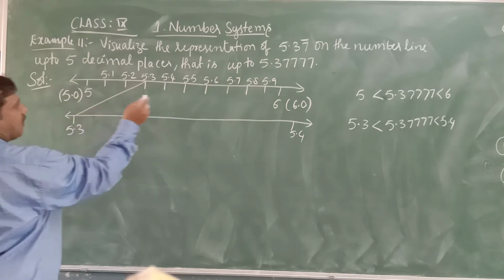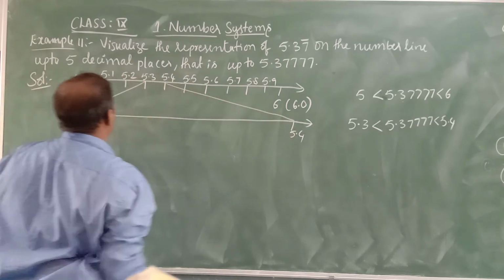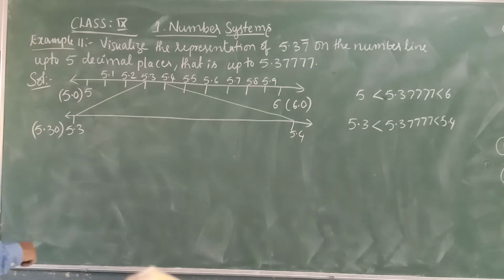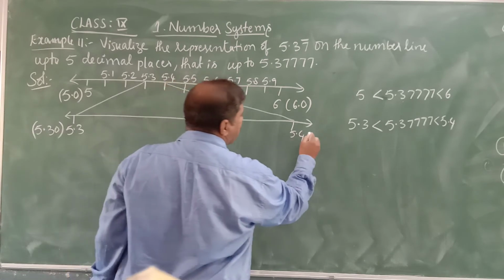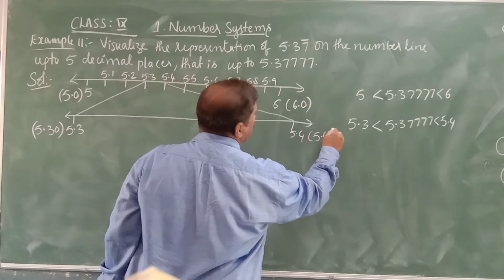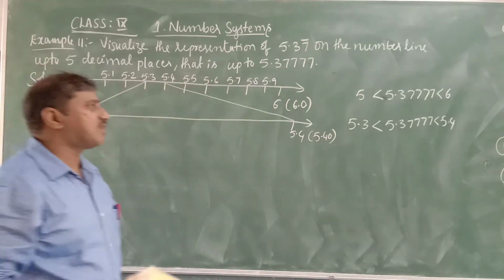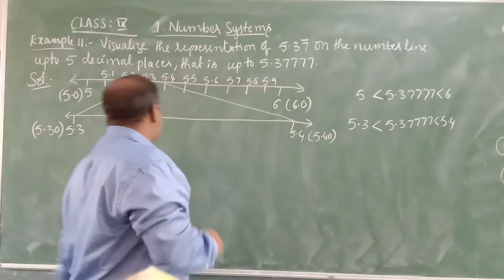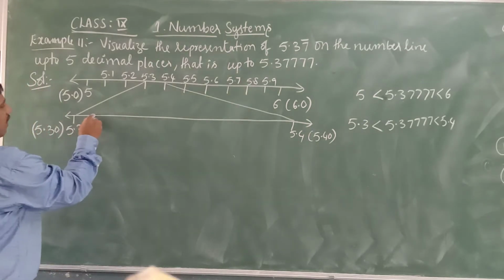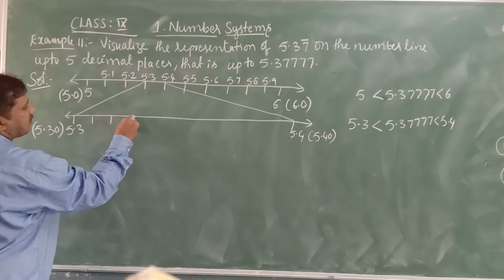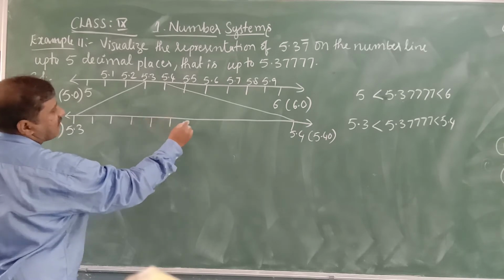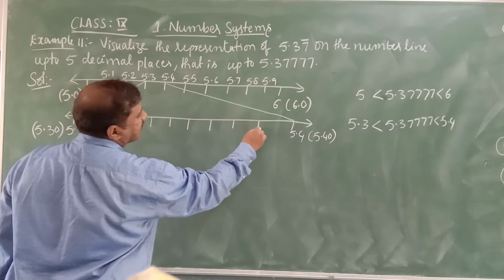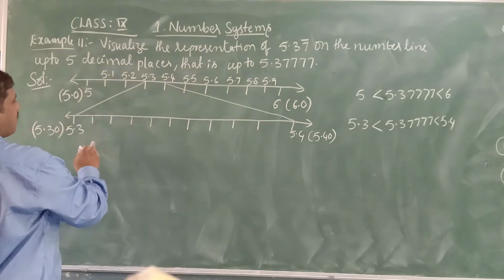This is 5.3, which is 5.30, and this is 5.4, which is 5.40. Next, to locate the second digit, that is 7, 5.37, you divide this space into 10 equal parts: 1, 2, 3, 4, 5, 6, 7, 8 and 9.